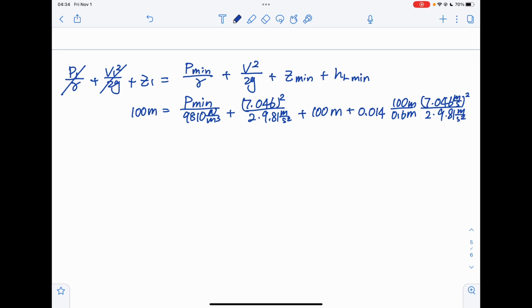So when you solve for P minimum, it equals negative 82.6 kilopascal.